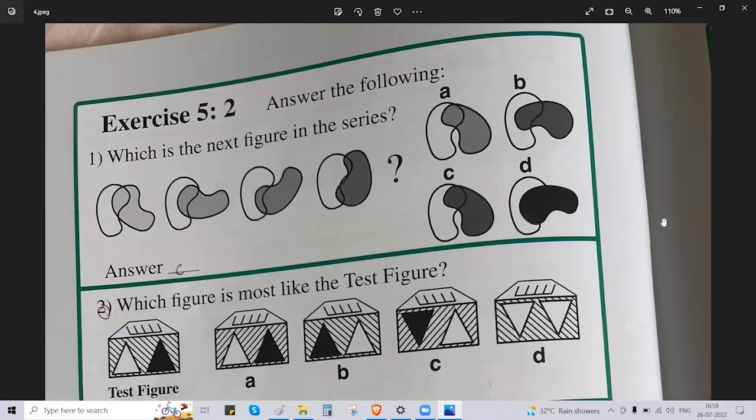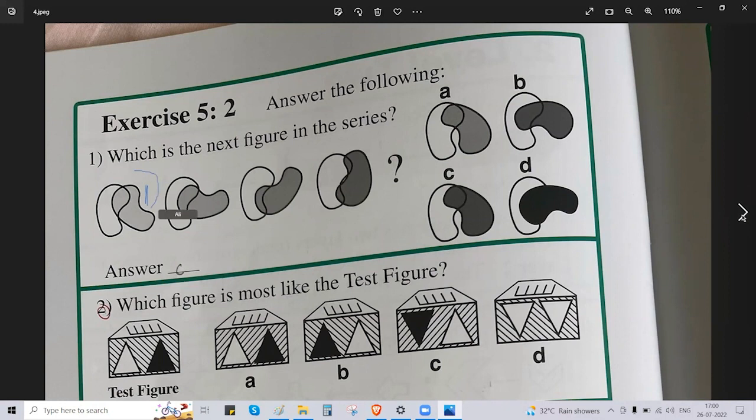For question number one, first, we have to find how it's rotating. We can see that this shape is rotating. The one that's linked to the white one is just staying there, and it's rotating this way.